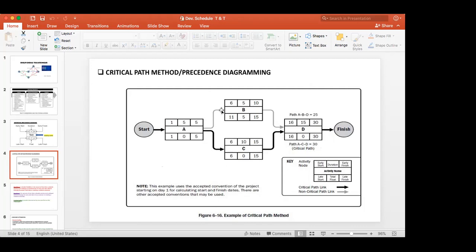From this part you have 30 days, from this part 25 days. What is the meaning of that? Even if this is completed in 25 days, the other is not completed because it takes 30 days.